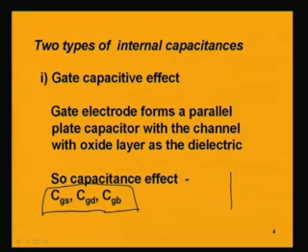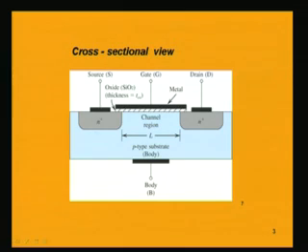This is the oxide layer in between the gate electrode and the body, and this is the gate electrode and the channel, the whole channel if we look into.